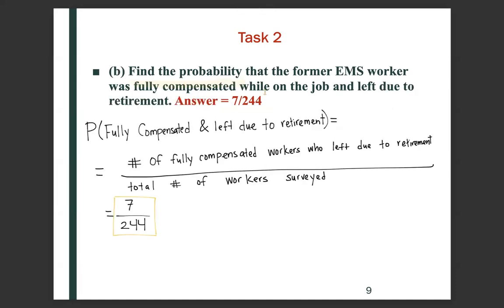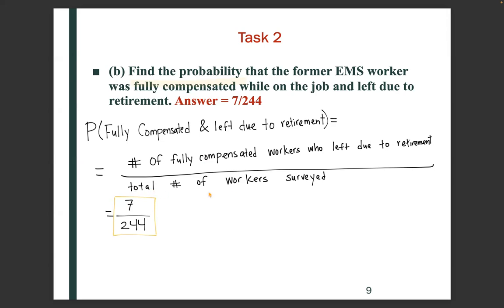Find the probability that the former EMS worker was fully compensated while on the job and left due to retirement. Okay, so to find that probability, we'll need to take the number of fully compensated workers who left due to retirement and divide that by the total number of workers surveyed.